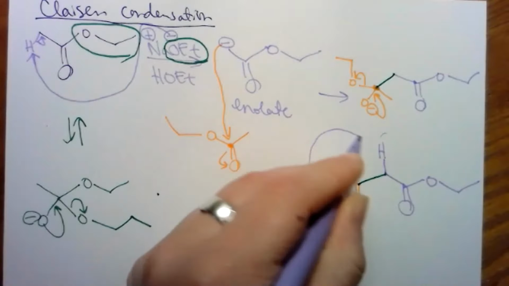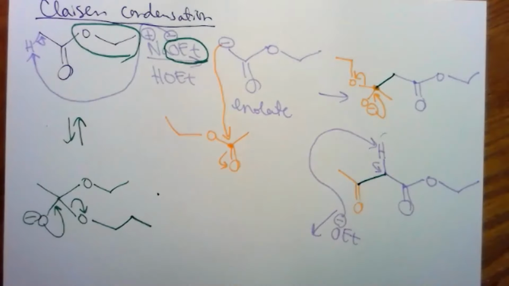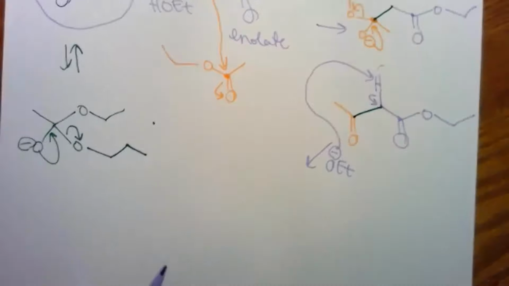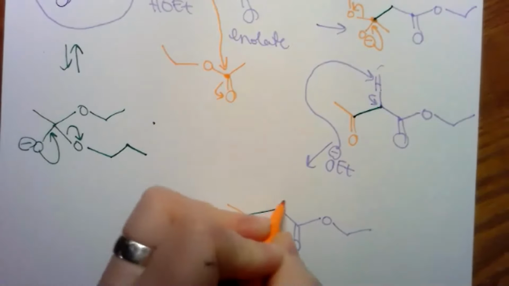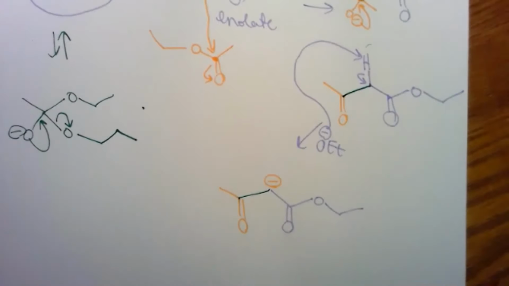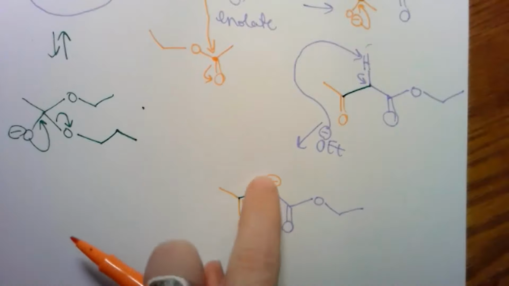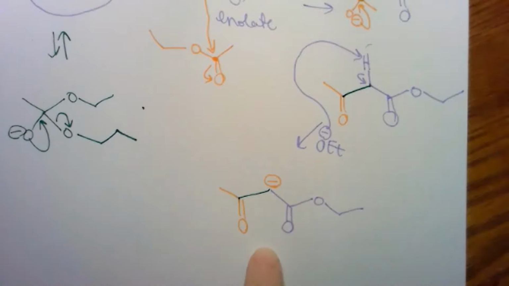So NaOEt plucks an alpha hydrogen from between the 2 carbonyl groups you just created to give you another enolate. This enolate is super stable, remember, because it's got delocalization this direction and that direction.